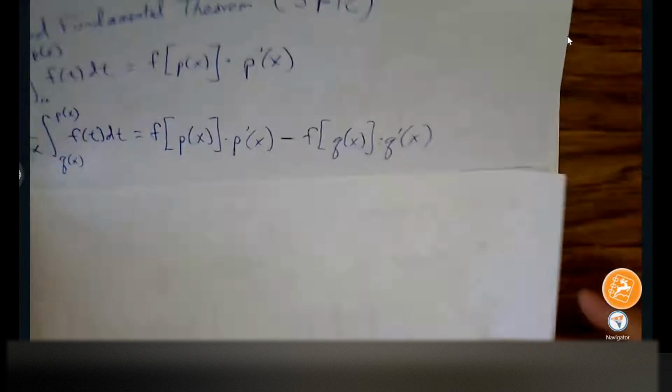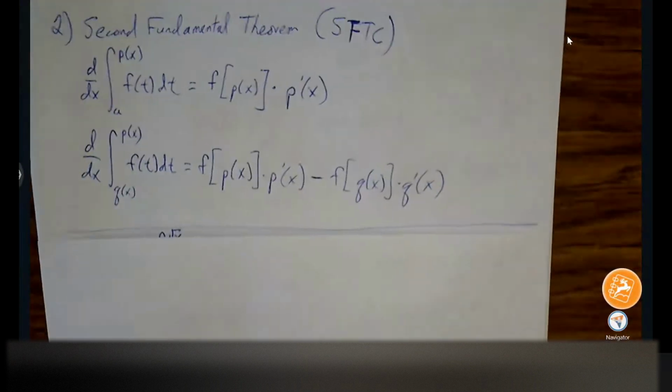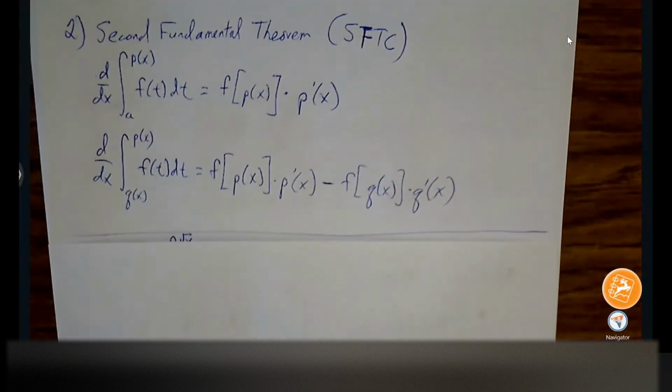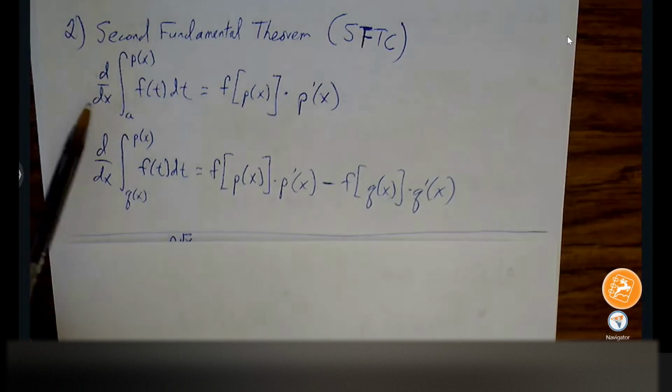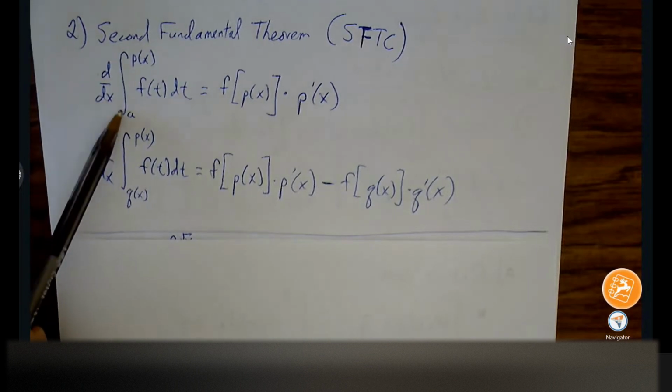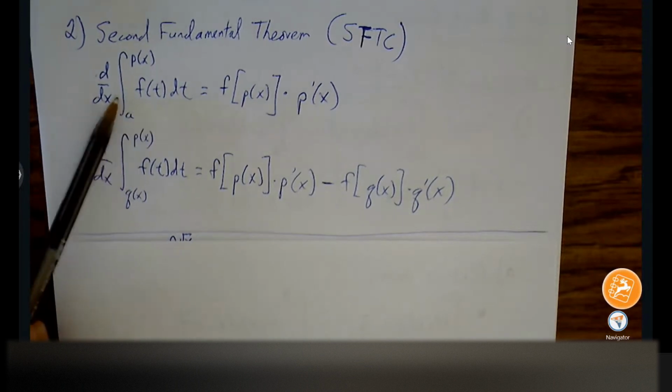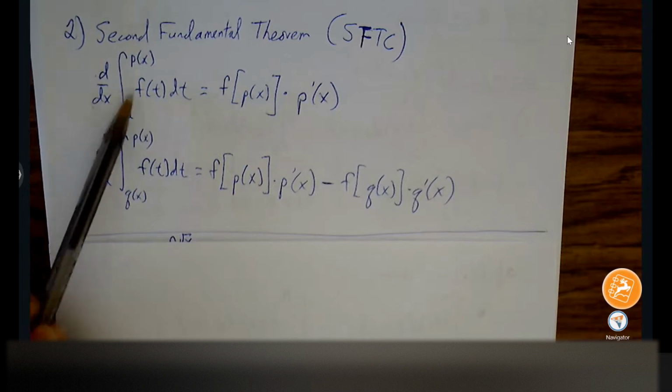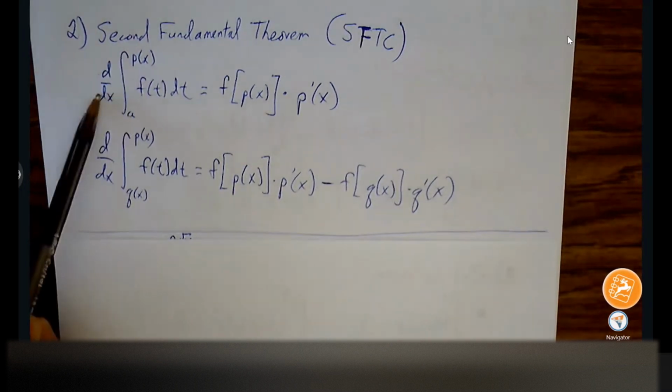a second theorem here. So let's review what the second fundamental theorem is. It looks complicated, but we're gonna do a shortcut. We're gonna find the derivative of a definite integral of a function. And if you're looking at this going, boy, that's a lot of work, finding the integral and the derivative.